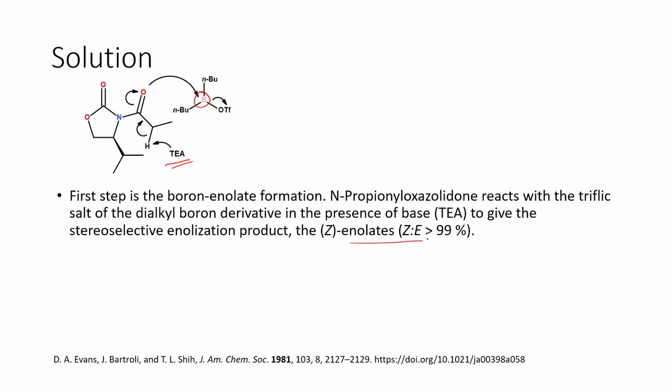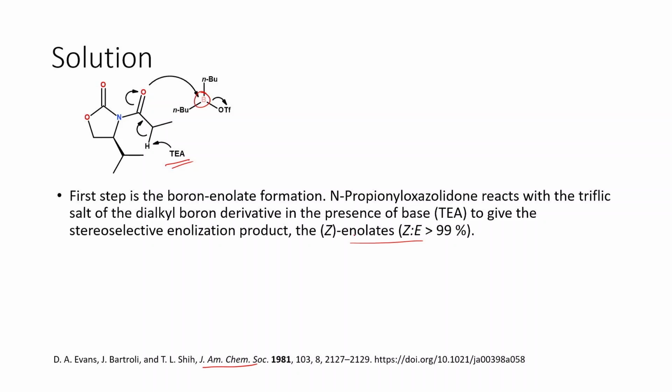This gives only the Z enolate, because Evans used lithium enolate for the same reaction and observed that lithium enolate gives Z and E isomers in different ratios, but use of boron very specifically produces the Z isomer with a Z to E ratio greater than 99%. This is a very crucial thing, because he published this work in JACS, and the use of boron enolate was very crucial for the formation of the Z enolate.